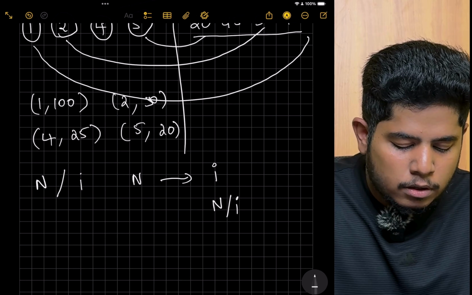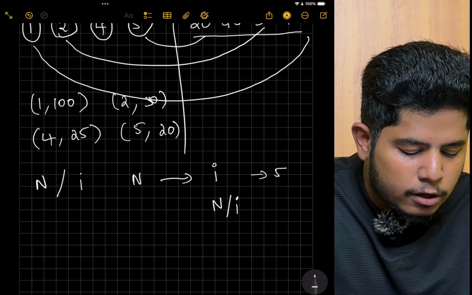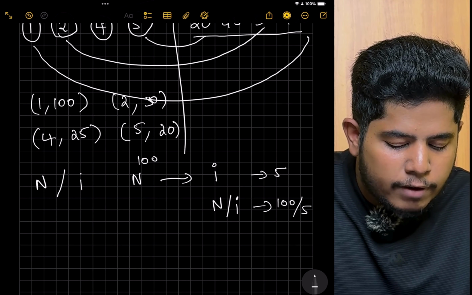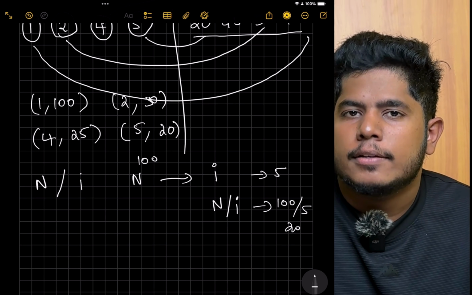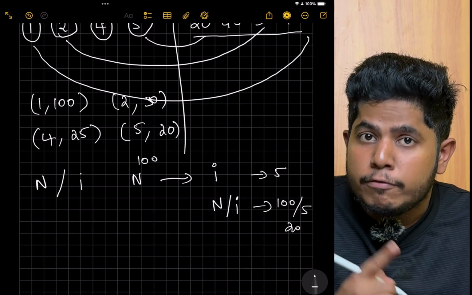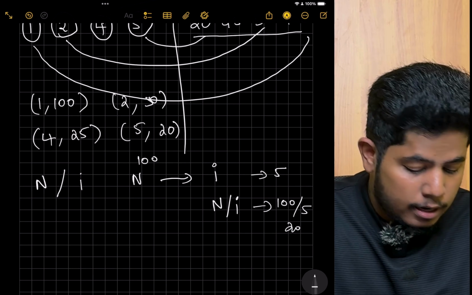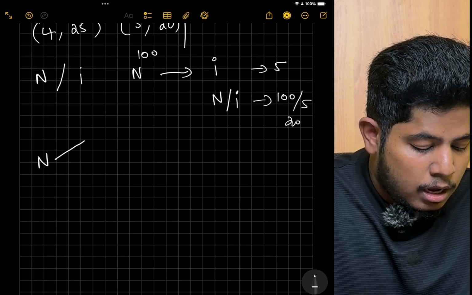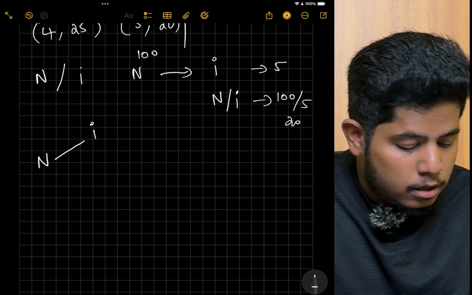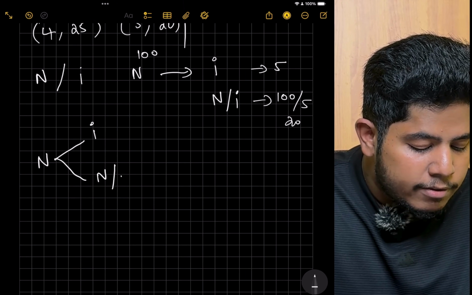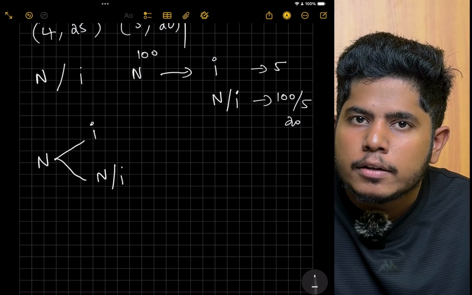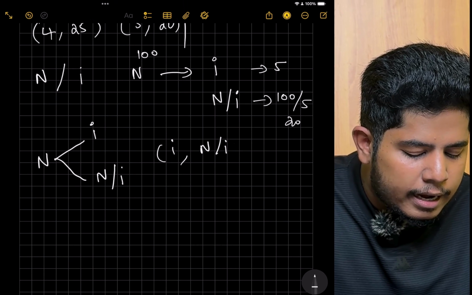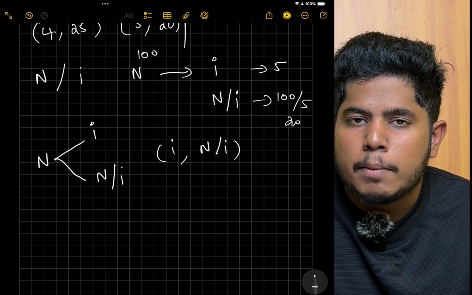For example, if you say 5 is a factor of 100, then you can also say that 100 divided by 5, which is 20, is also a factor. So every factor exists as a pair. Let me repeat. When you take any number n and you say i is a factor, then you can also claim n divided by i to be a factor. So basically i comma n divided by i is a pair that we are speaking about generally.